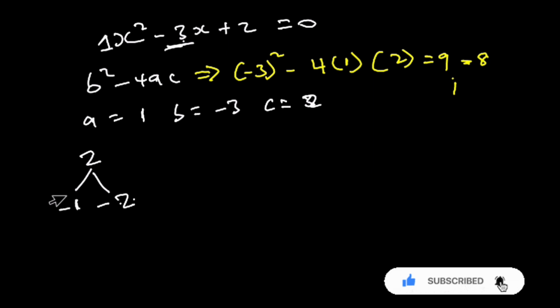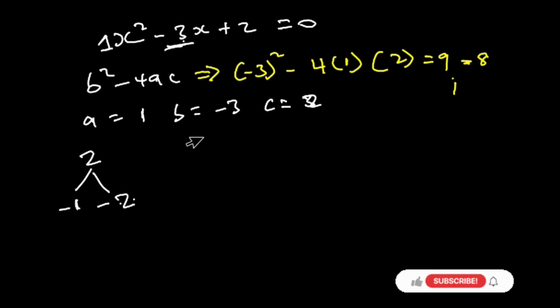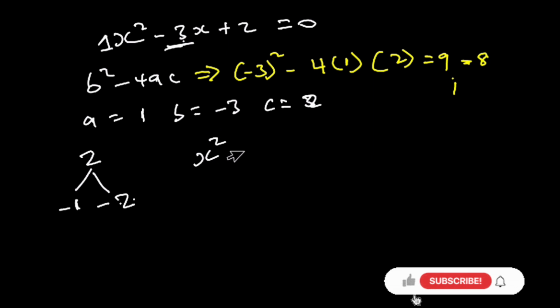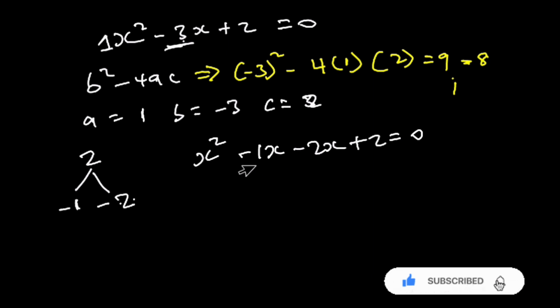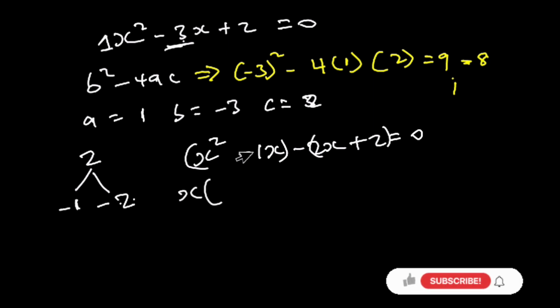So we're going to be substituting negative 1x and negative 2x in place of this 3x. So we write x squared minus 1x minus 2x plus 2 is equal to 0. So let's group this. We're going to factor out x from x squared minus x.